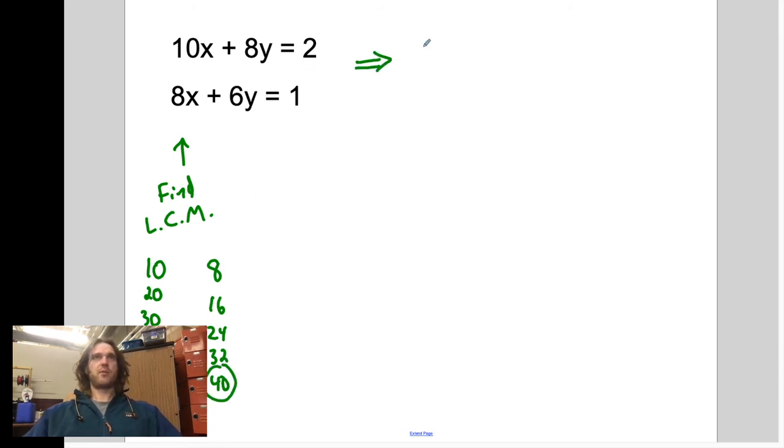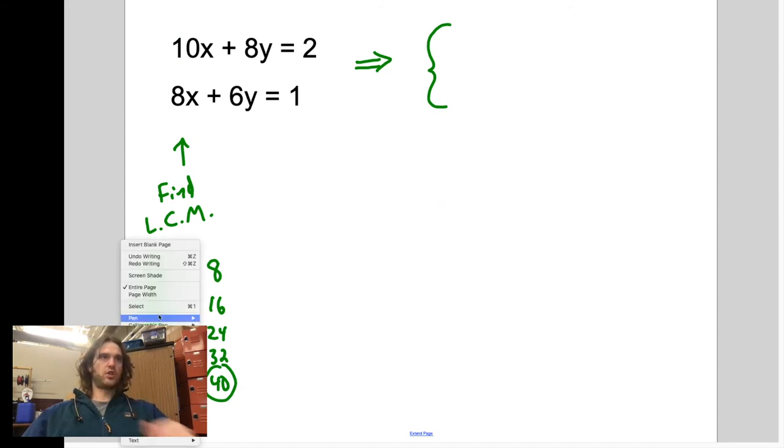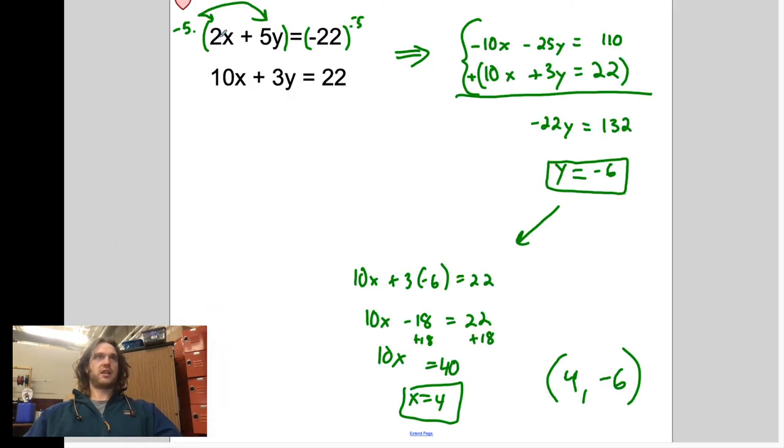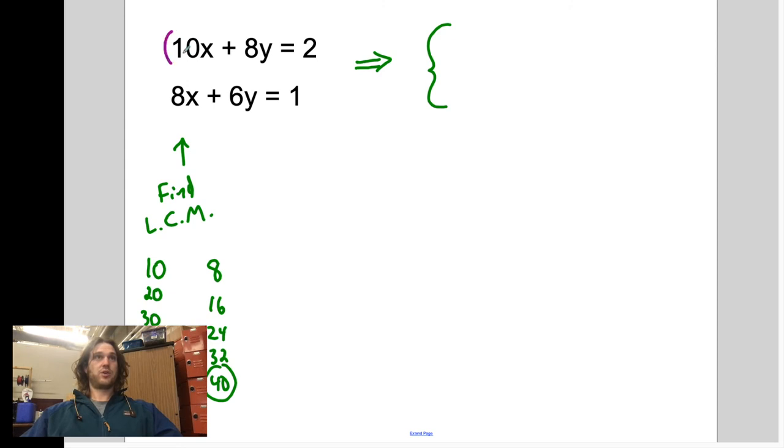So I want to turn this term into 40. In the last one, the LCM of 2 and 10 is 10, right? So it's the same process, it's just we can see that if I just multiply this one equation, we're good. Here we have to multiply two equations.